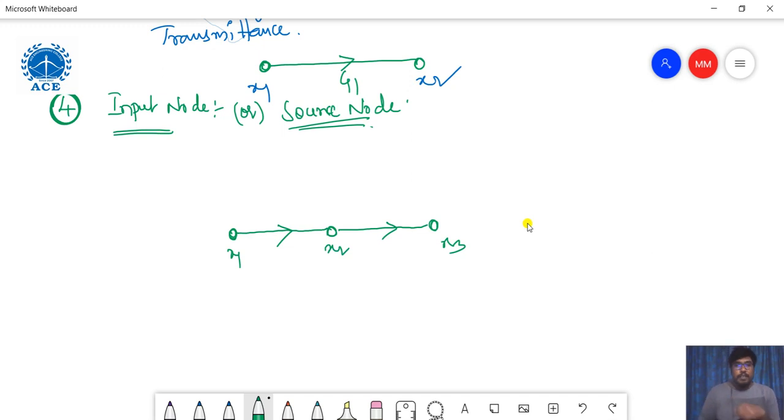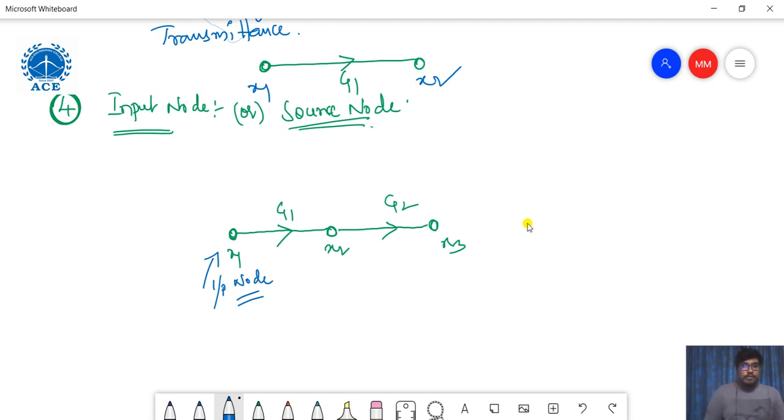And see here, this is the input node. It contains only outgoing branch. Suppose this is G1, the gain, and this is G2. Input node means it contains only outgoing branch simply. So this node is called the input node, which has only outgoing branch, no incoming branches.